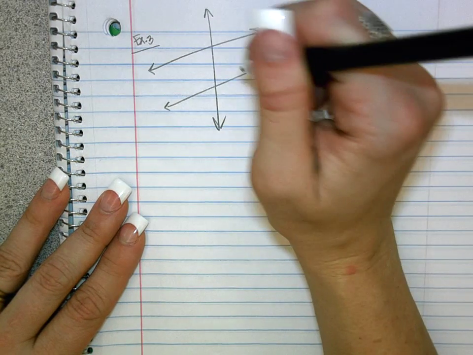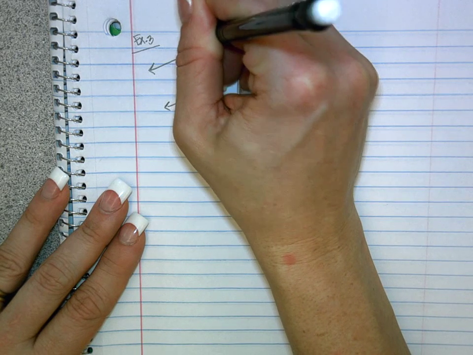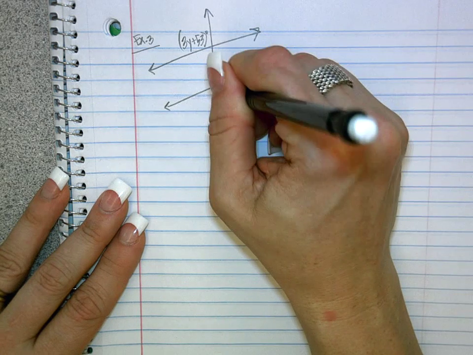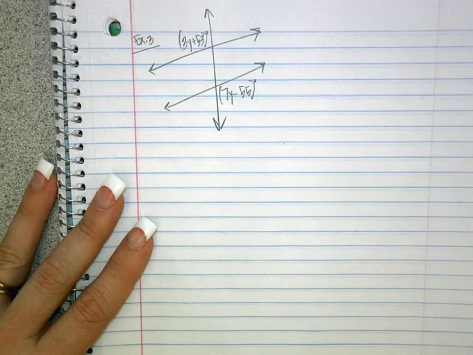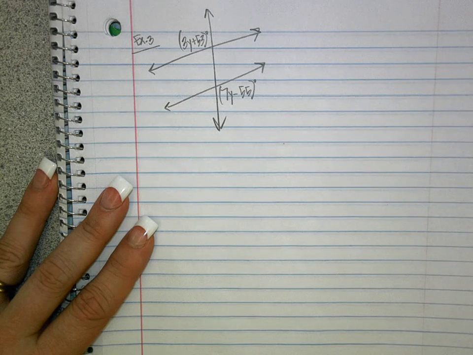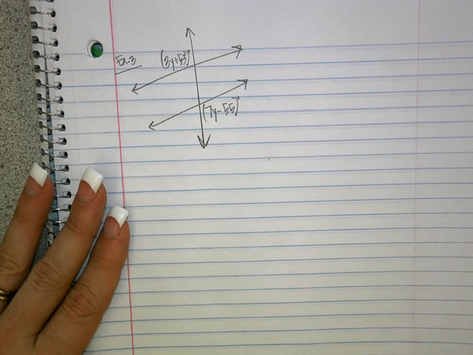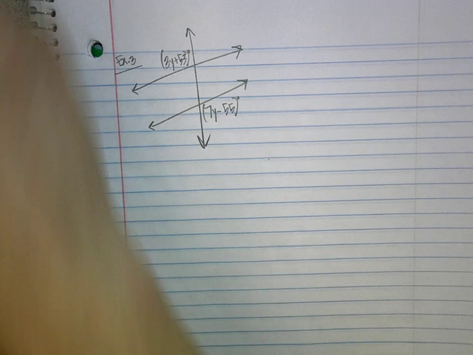Okay, here, if I give you 3y plus 53 degrees and 7y minus 55 degrees. What would you call this angle measure or angle relationship?